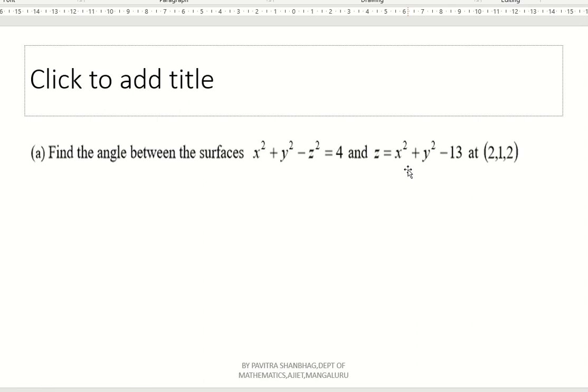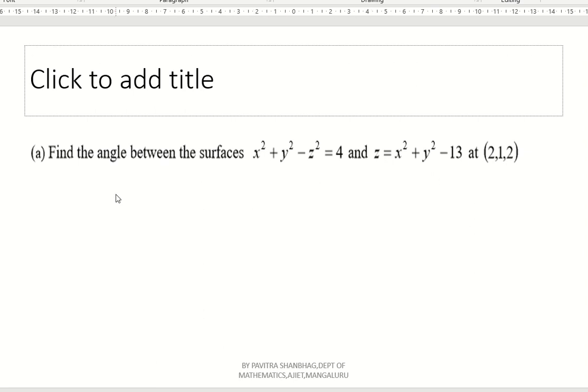And here also x square plus y square minus z equal to 13 you have to choose, and let it be phi 2 or small g. There is no vector here. Later you have to convert it into the form of vector f or del f with the help of the gradient operator.